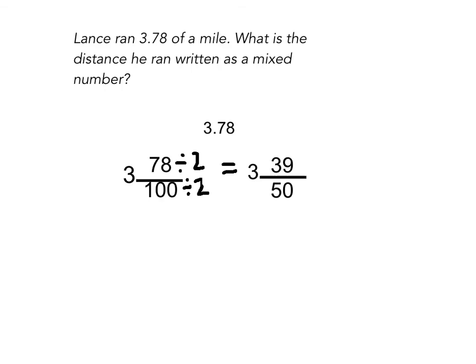We can simplify this if we divide the numerator and the denominator by 2. 78 divided by 2 is 39, and 100 divided by 2 is 50. The simplified number will be 3 and 39/50ths. This is the final answer. Lance ran 3 and 39/50ths of a mile.